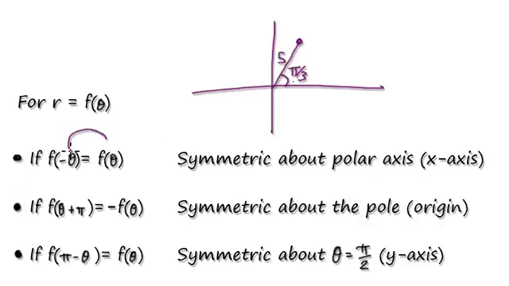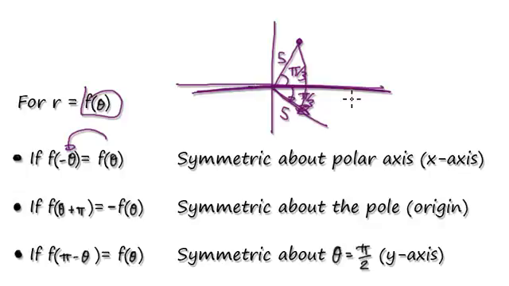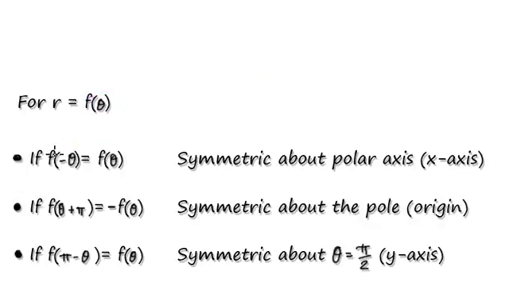So now when you put in the negative version of that same angle, negative pi over 3, then it gives you the same radius. So here the radius is 5. So there you can see it's symmetrical along the x-axis.